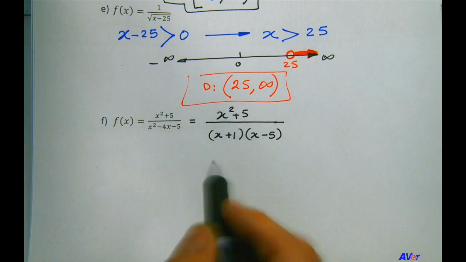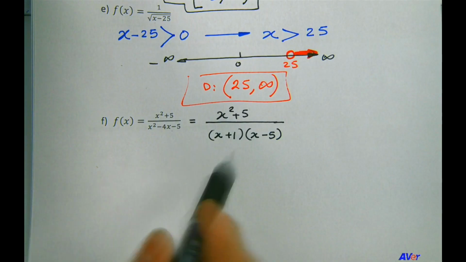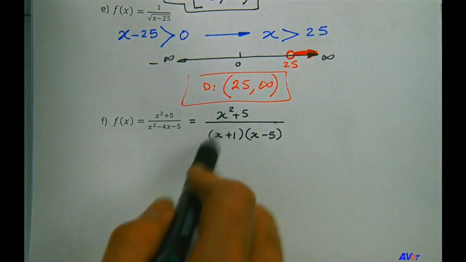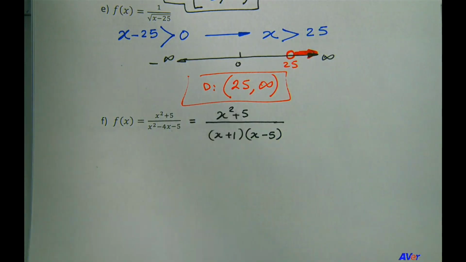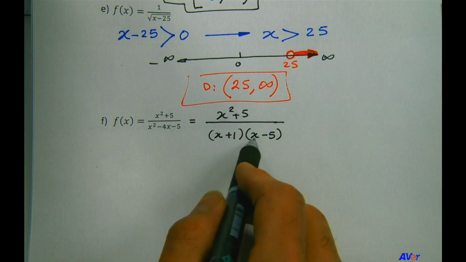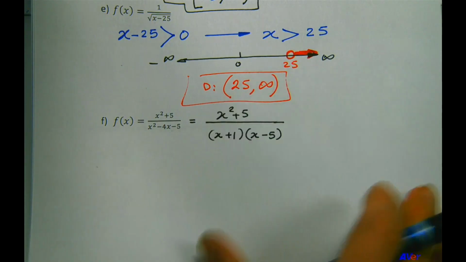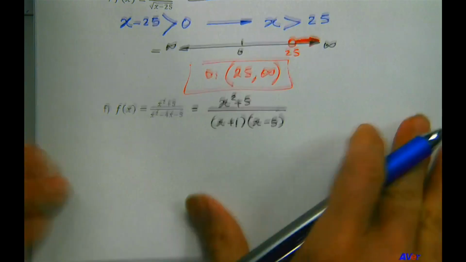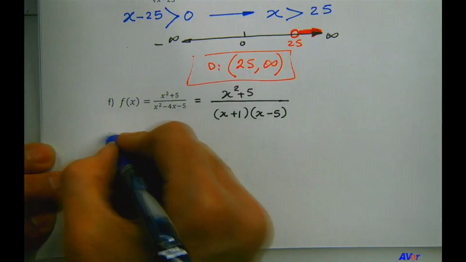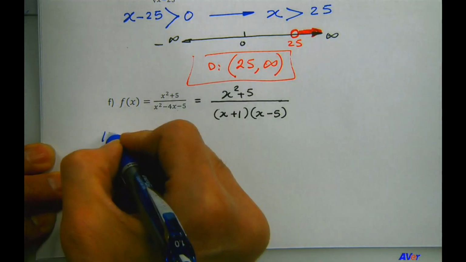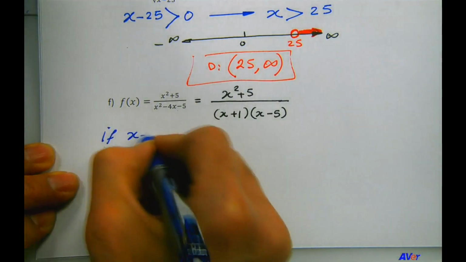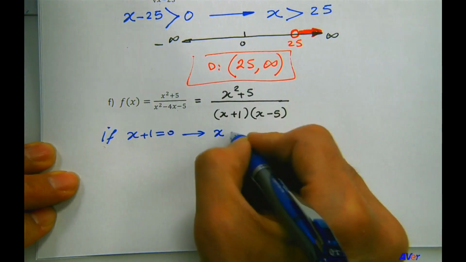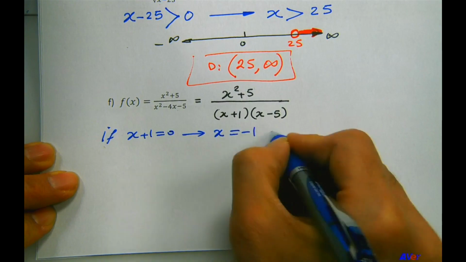So now, it's interesting because now we have two values that could make this denominator 0. X equals minus 1 would make the denominator 0. X equals 5 would also make the denominator 0, and we can't have that. So we should exclude those two numbers. So if x plus 1 is equal to 0, then x would be equal to negative 1.